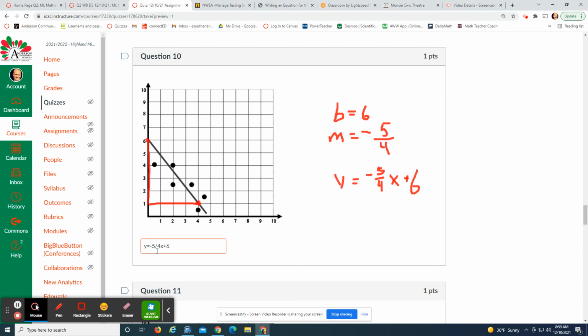Again, no spaces, none of that stuff. I'm going to type it in exactly like that. Y equals negative 5 over 4x plus 6.